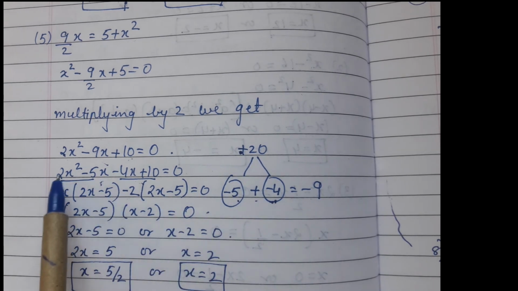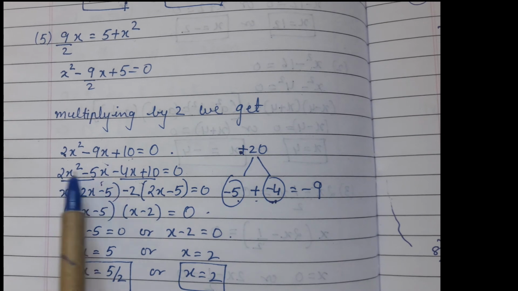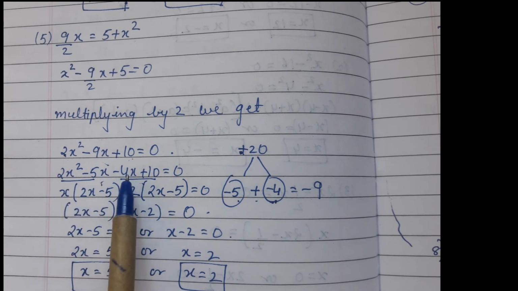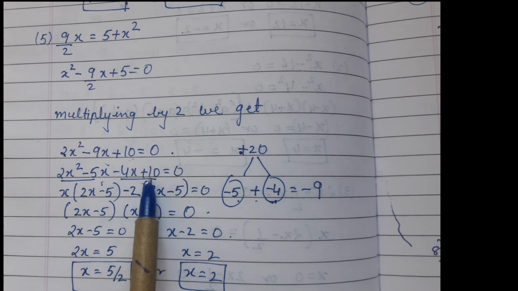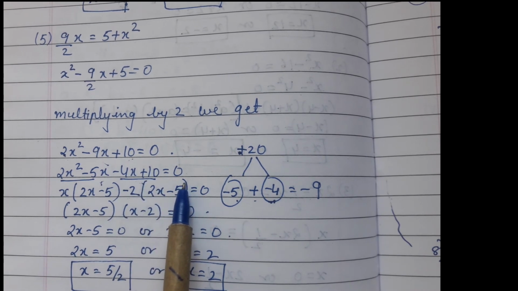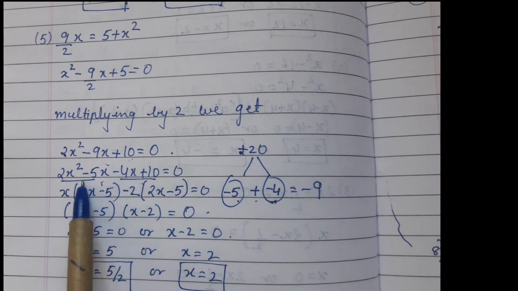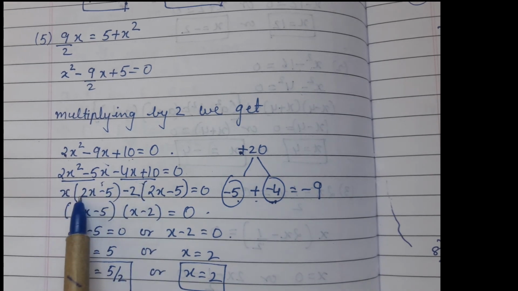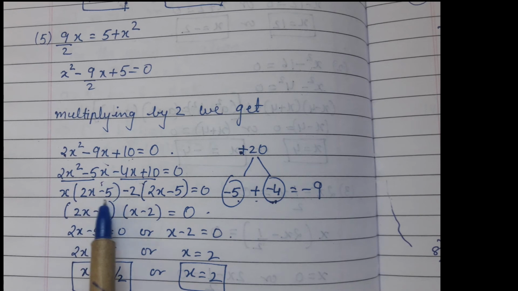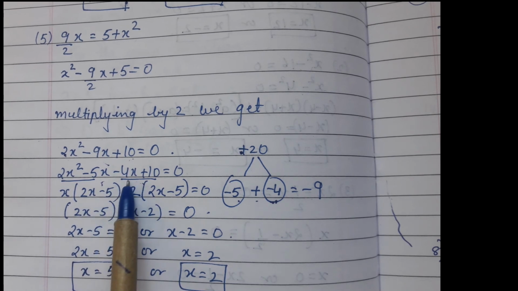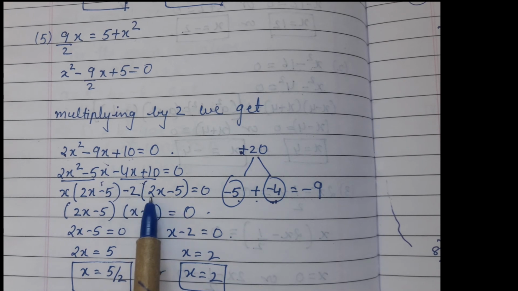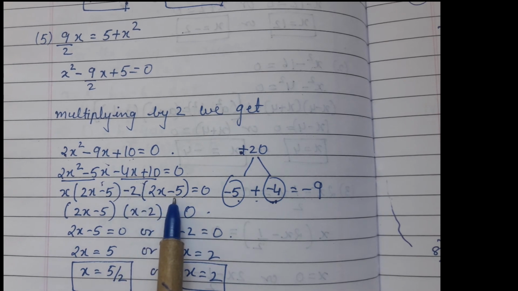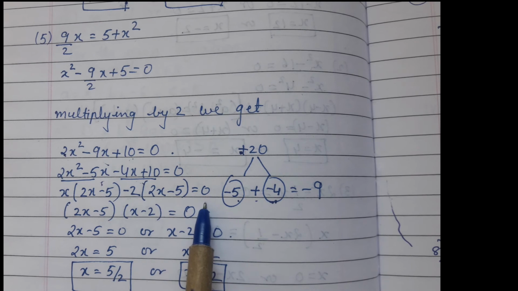So we get 2x square minus 5x minus 4x plus 10 is equals to 0. Okay, pair first two, last two. What is common? x. What remains? 2x minus 5. Here what is common? Minus 2. We get 2x minus 5 is equals to 0.